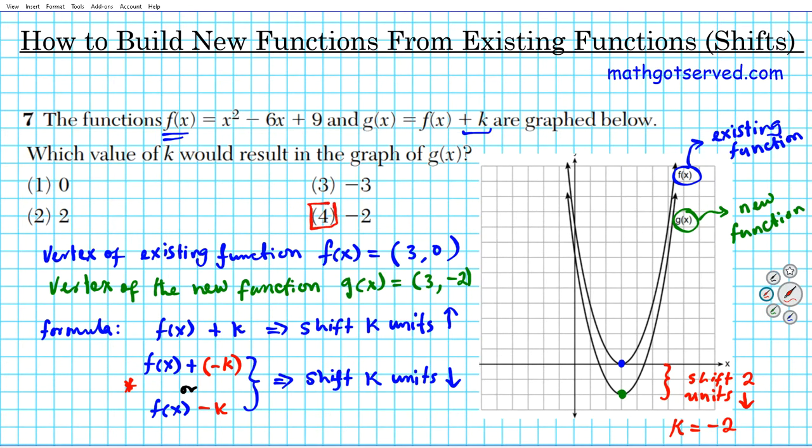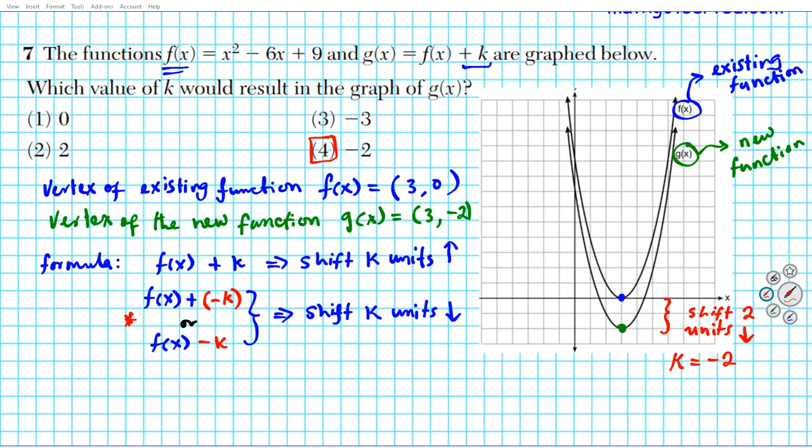Let me show you exactly what it looks like. So f of x, the existing function, is x squared minus 6x plus 9. The new function g of x is f of x plus -2. If you simplify that, it's equal to f of x minus 2.